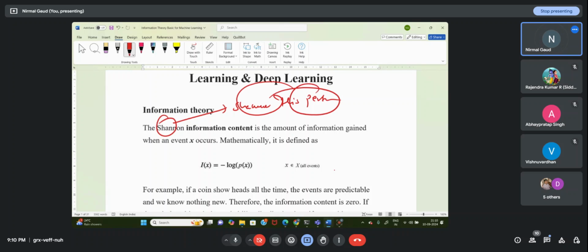Now, I always repeat many times: whatever you see, whatever you do, can you quantify it? Can you convert it into maths?